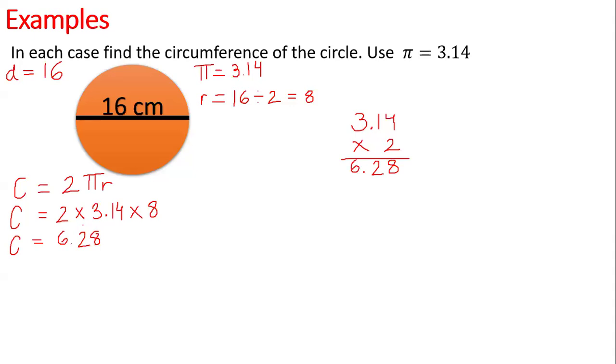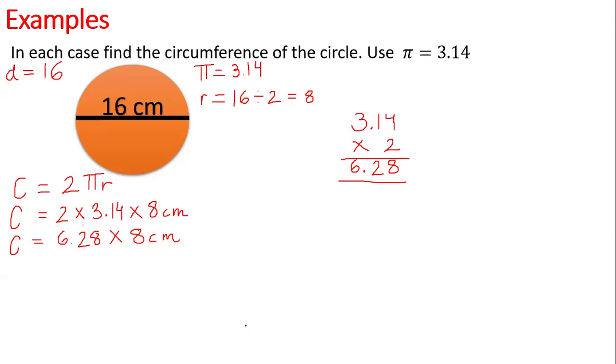So it's going to be 6.28. So we have C is equal to 6.28 times 8. What did y'all get? 50.24.